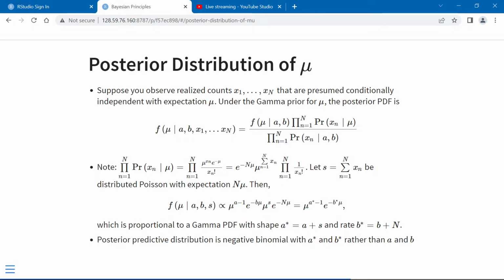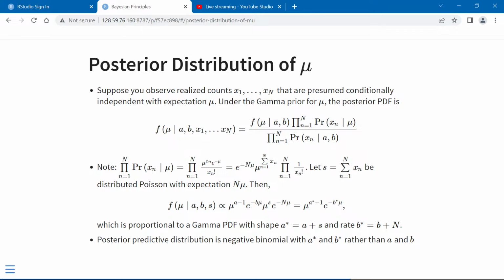We have this stuff from the prior, and then we have this stuff for the likelihood of S. We group terms together, and we see this is mu raised to the power A star minus 1 times e raised to the power negative B star times mu, which is the kernel of a gamma PDF with shape A star, A plus S, and rate B star, B plus n. So this is another example of conjugacy between the gamma prior and the Poisson likelihood.